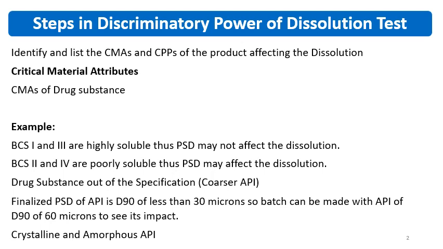Sometimes some processes are used to make the API amorphous, and many times the API becomes crystalline during process or on stability. So this is required to be demonstrated for the formulations which are made by solid amorphous or solid amorphous dispersions technology.